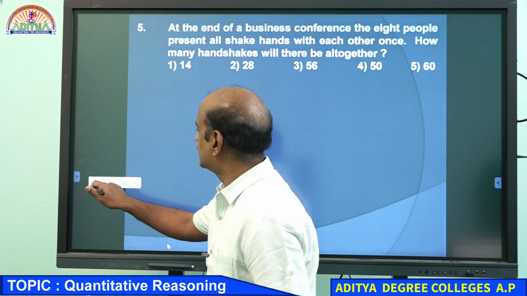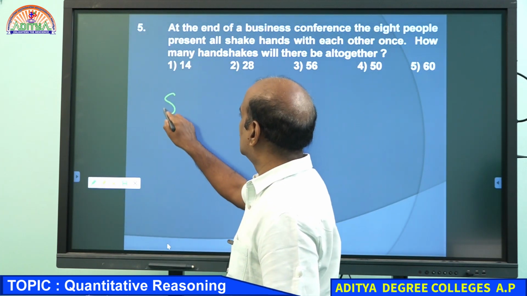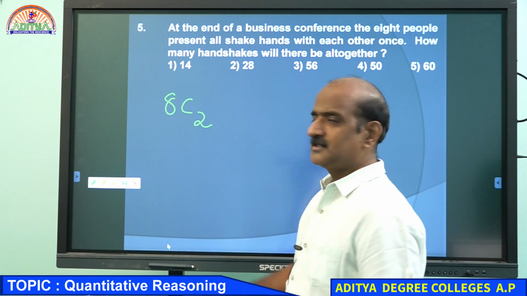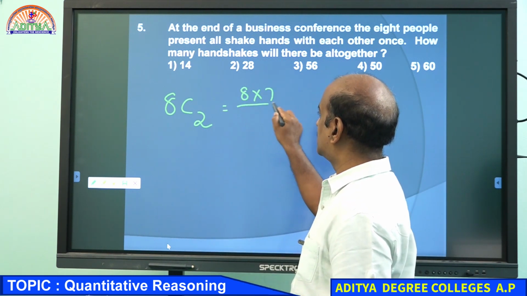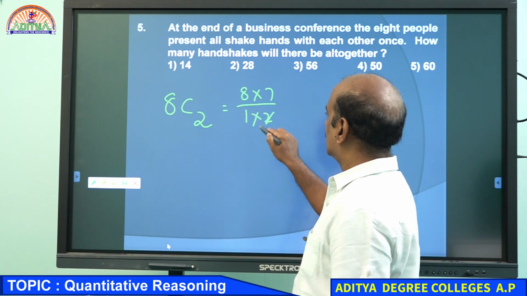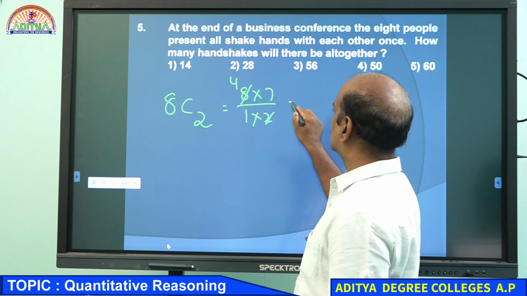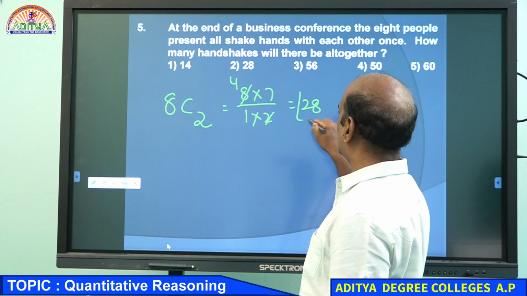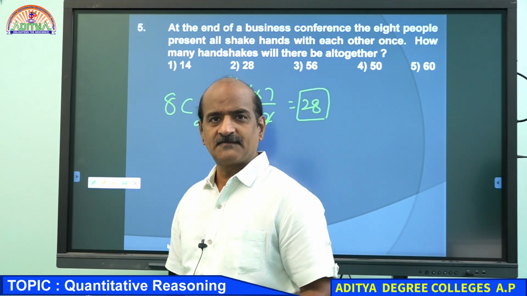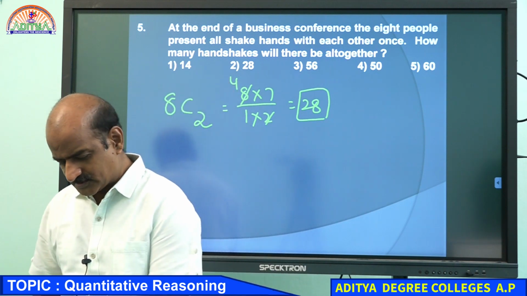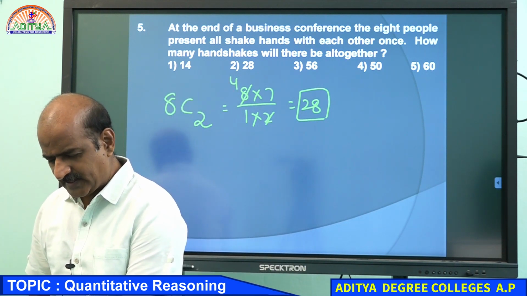So when we have 8 people in total, how many shake hands are possible? 8C2. Therefore, 8 into 7 by 1 into 2, so there may be 28 shake hands possible. But somebody says 56. Now we need to question whether it is 28 or 56.